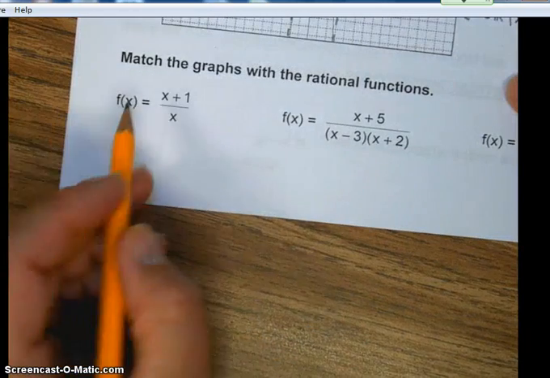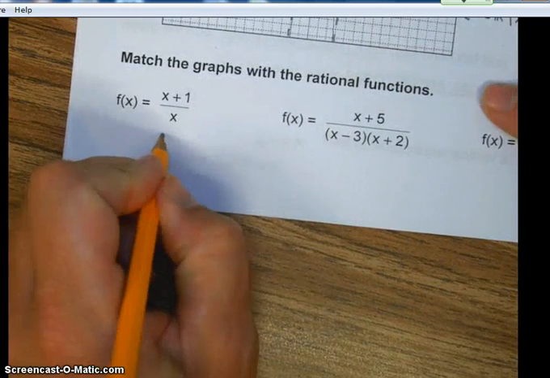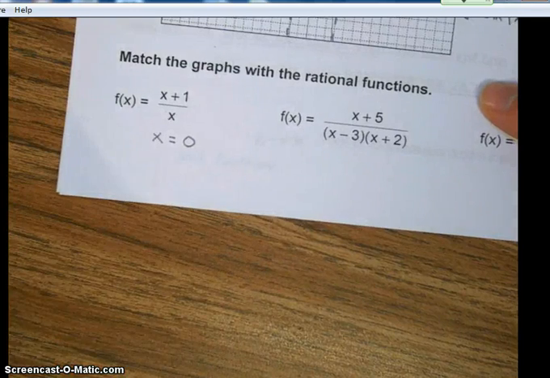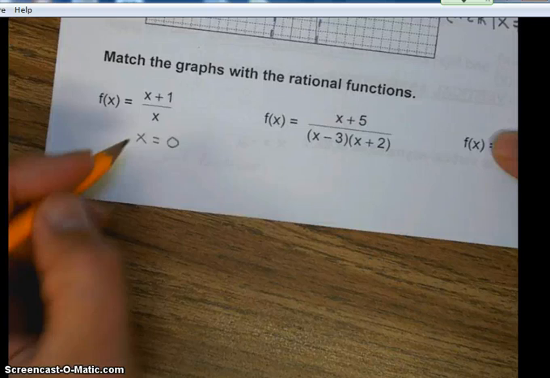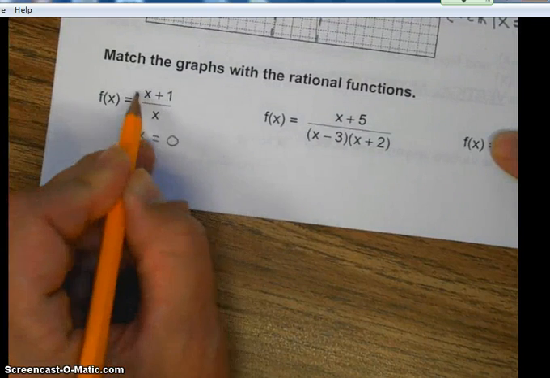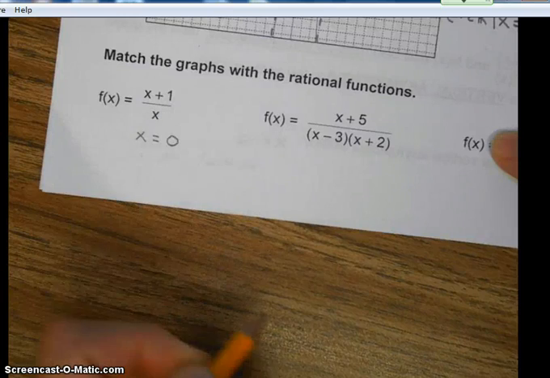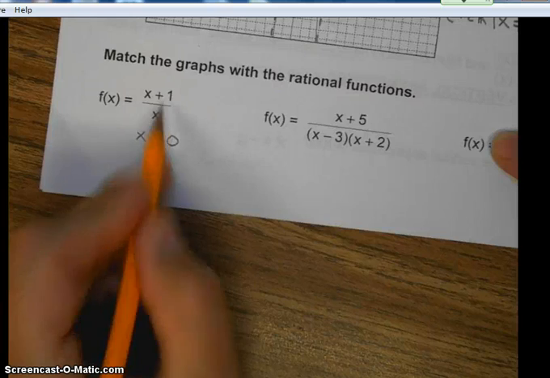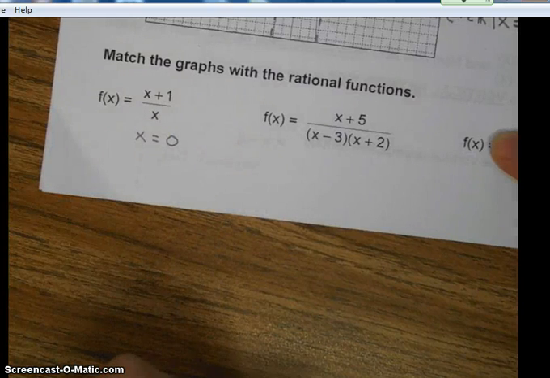We take the denominator function, which is x, and set it equal to 0. And notice the factor on the top would be x - 1. They're not the same, so always check that.